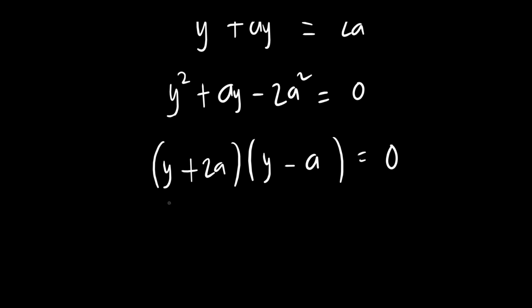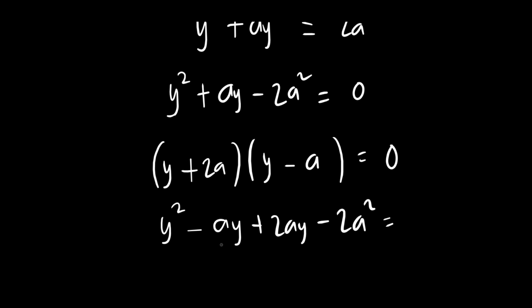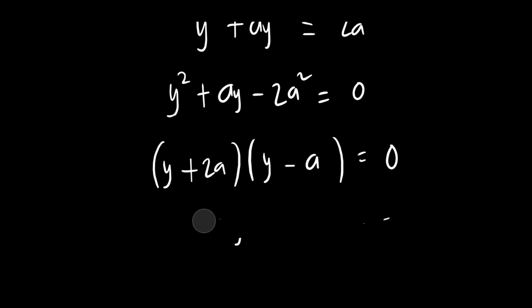We will recheck if our trial and error is correct. y squared minus ay plus 2ay minus 2a squared. So our answer is correct.